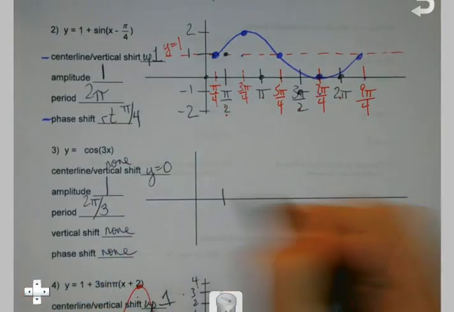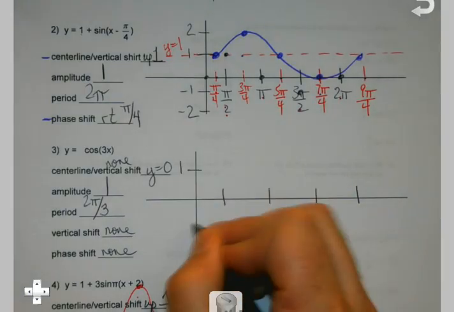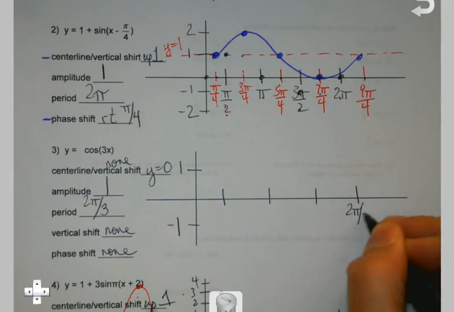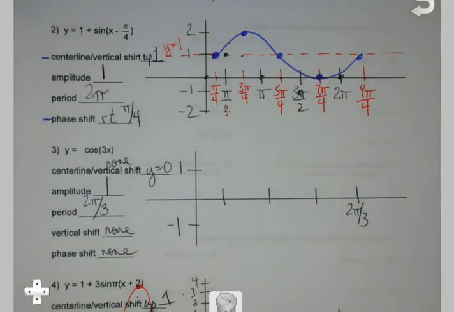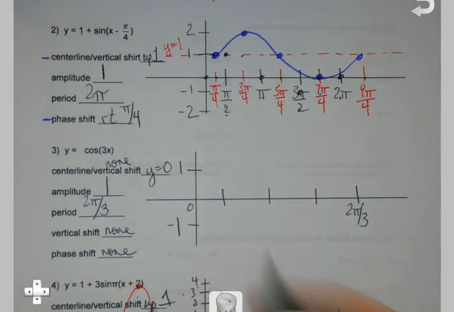So not much to play around with here except dealing with the values for my period. And no, you can't leave it as 2 pi over 3 and put this as 0 and know where your points are. I want to know what they are. So what's in the middle of 0 and 2/3? 1/3.